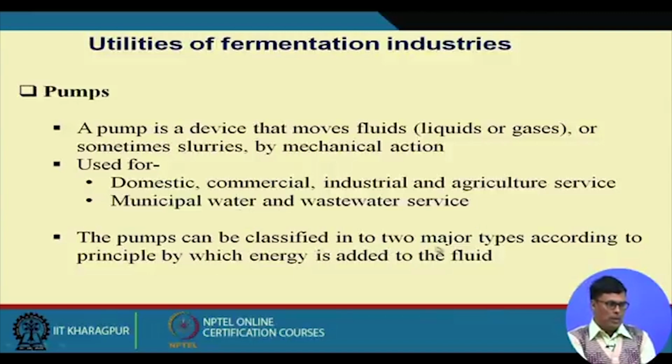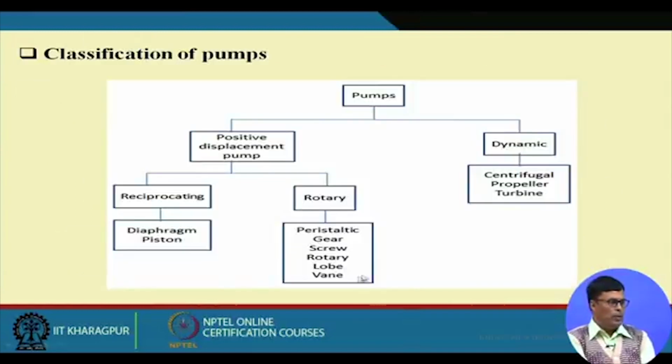Pumps can be classified into two major types according to the principle by which energy is added to the fluid: positive displacement pumps and dynamic pumps. Positive displacement pumps are again divided into two. With the reciprocating pump, we have diaphragm and piston, I shall show you. Then rotary pumps: we have the peristaltic pump, gear pump, screw pump, and lobe pump.